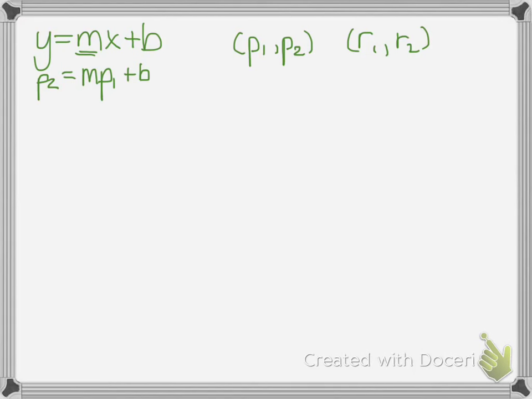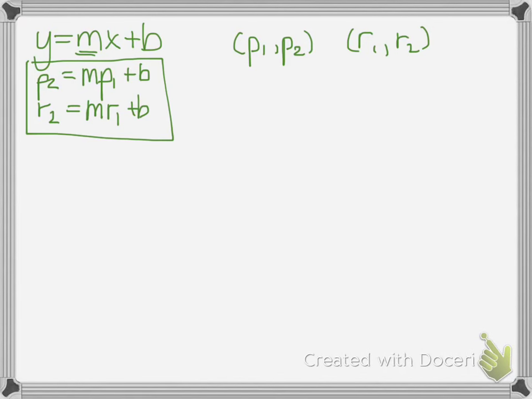And I could do the same thing for point R. So the y-coordinate, R2, is equal to m times the x-coordinate, R1, plus b. Okay, so I've got these two equations. I know these are true because I've said that points P and R are on that line.